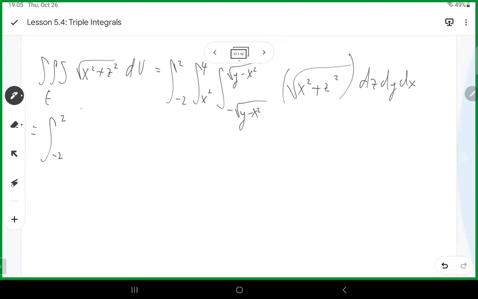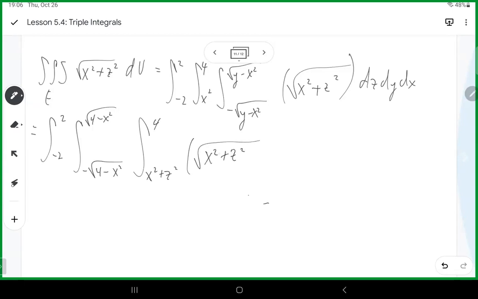negative 2 to 2, negative square root of 4 minus x squared to square root of 4 minus x squared, x squared plus z squared to 4, square root of x squared plus z squared, and then it's going to be dy dz dx.